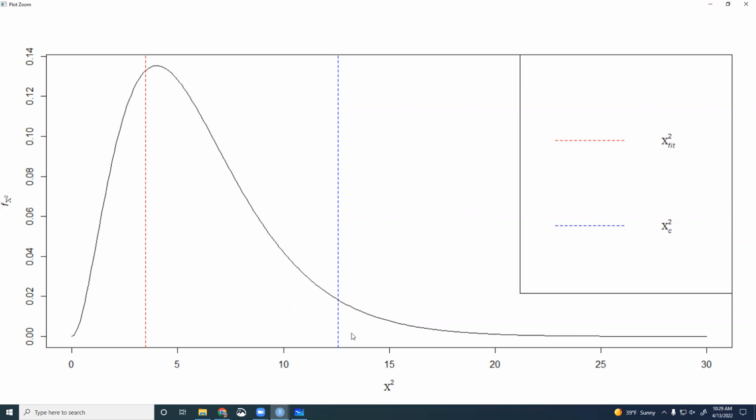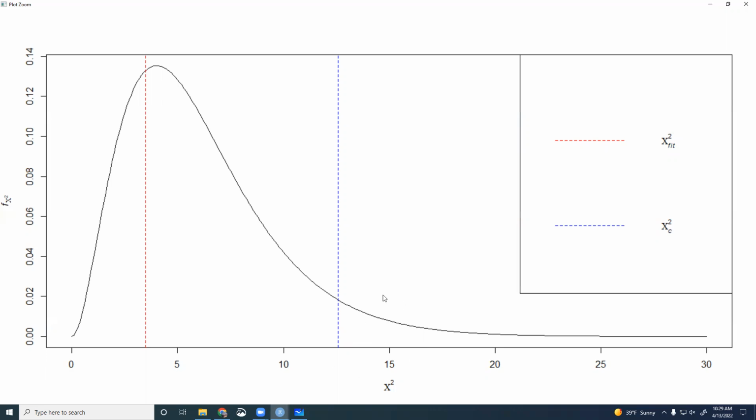And then the last thing I'll say is, if we were over here, we're going to reject the null hypothesis. We're going to say, well, with 95% confidence, our distribution from our sample is different from the normal distribution. So we reject the null hypothesis, accept the alternative hypothesis.